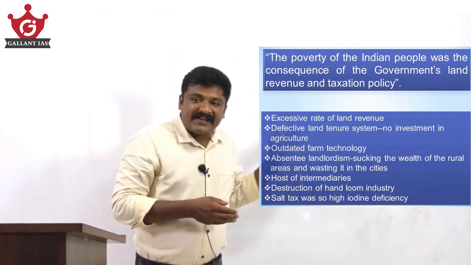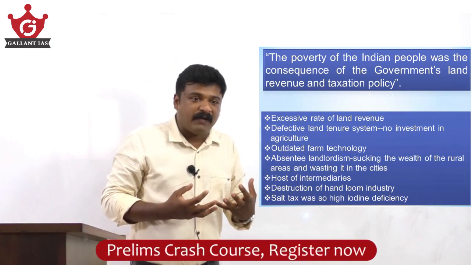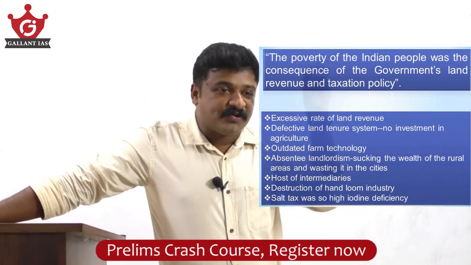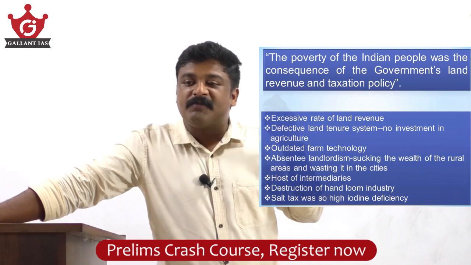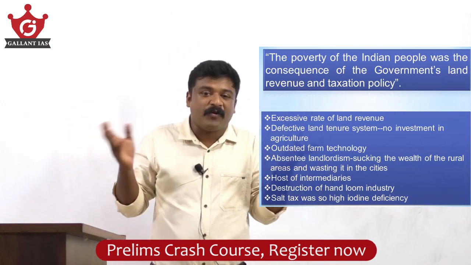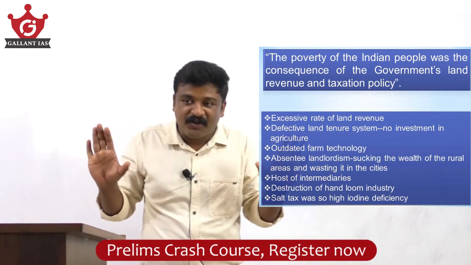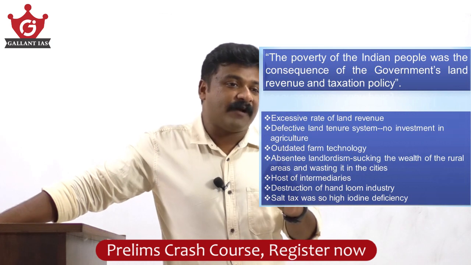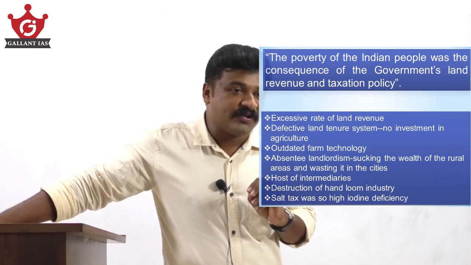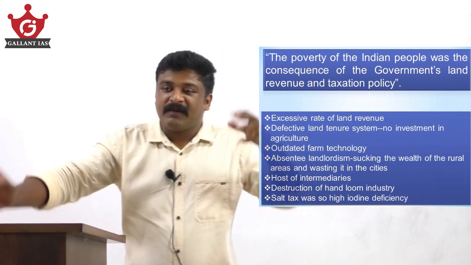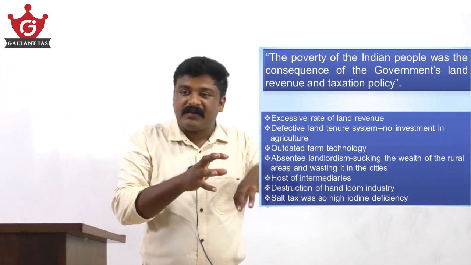Obviously, excessive land revenue demand by this government, whether permanent settlement, mahalwari or rayotwari, whatever the land revenue settlement, the revenue demand from the people was so high. It was beyond their limits or beyond their capacity. Am I right? Land revenue demand was so heavy that the farmers were not able to make the payments to the British. So what will they do? If it is permanent settlement, they have to make the payment to the zamindar, to the government.